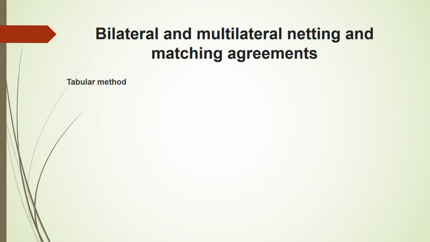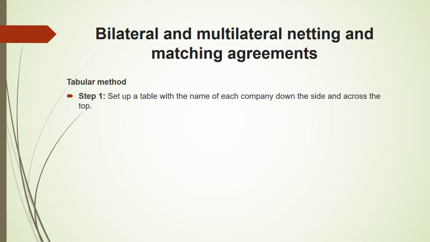So whenever multilateral netting is given, follow this tabular method. Tabular method means you have to make a table with columns and rows. So step one, set up a table with the name of each company down the side and across the top. That means you have to write the name of the company twice. Once horizontally, the other time vertically.